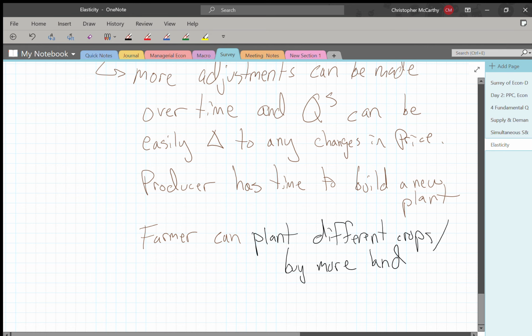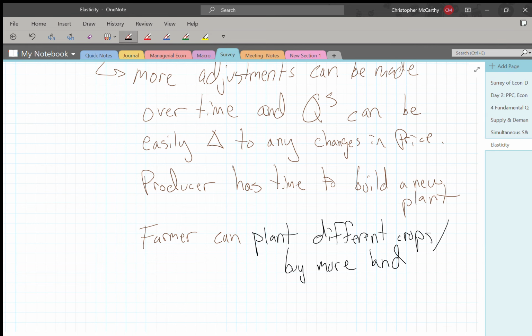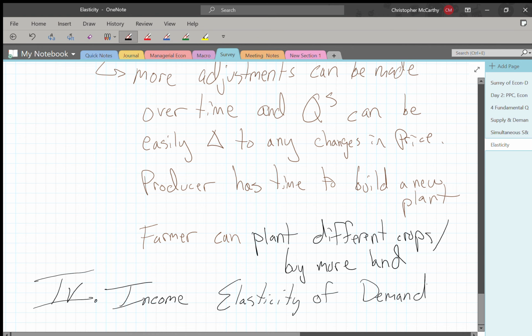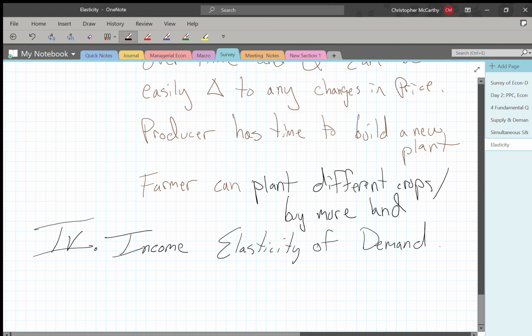All right, last couple things. I know I'm kind of cramming a lot in here, but income elasticity of demand. We've already talked about this a little bit when we talked about normal goods and inferior goods. So this is usually represented E with an I on it.